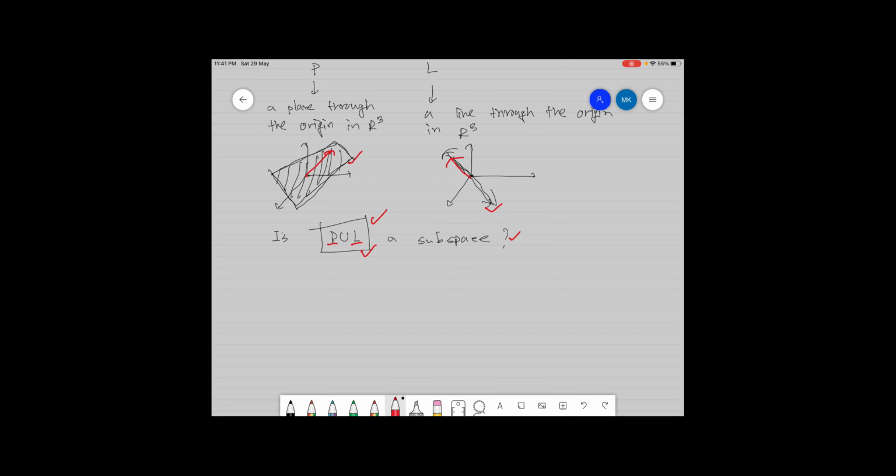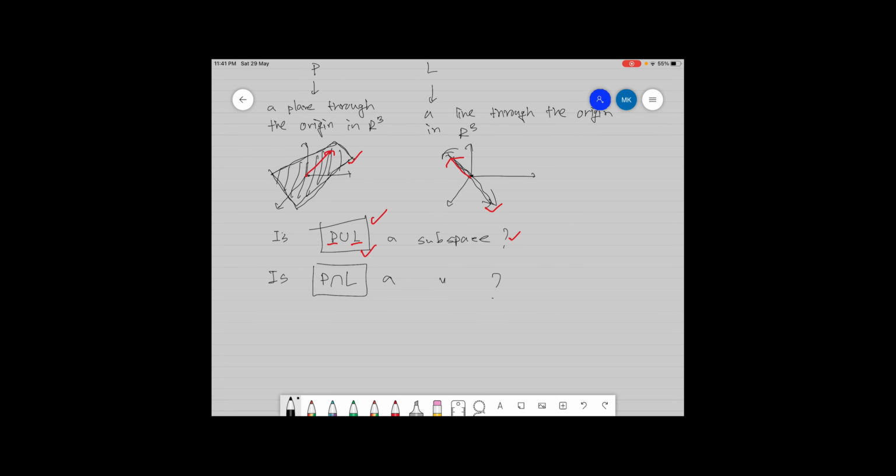So the second question is, is P intersection L a subspace? What is the common element between these two subspaces? The answer is the origin, right?